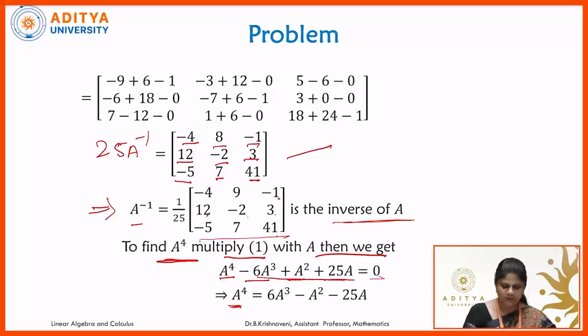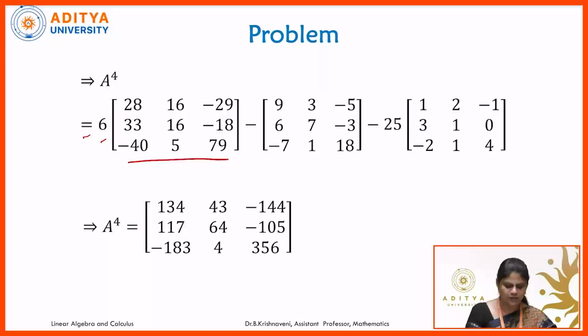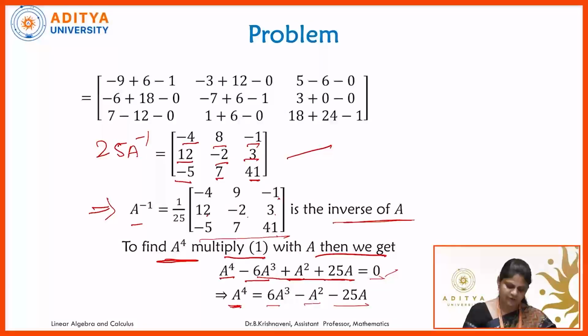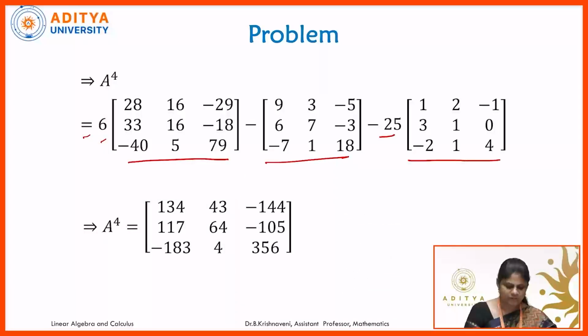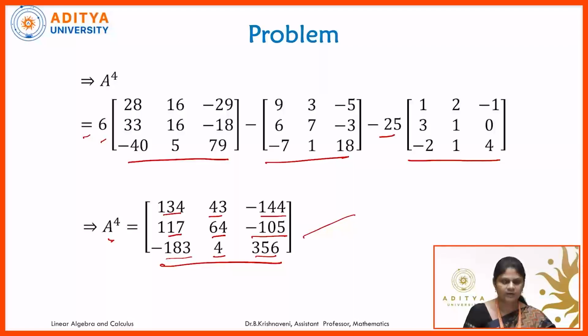We need to take the remaining terms to the RHS, which becomes 6A cube minus A square minus 25A. Now substitute 6 into A cube minus A square minus 25 into A. On simplification, you get A power 4 equal to 134, 43, minus 144, 117, 64, minus 105, minus 183, 4, 356, which gives A power 4 for the given matrix using the Cayley-Hamilton theorem.